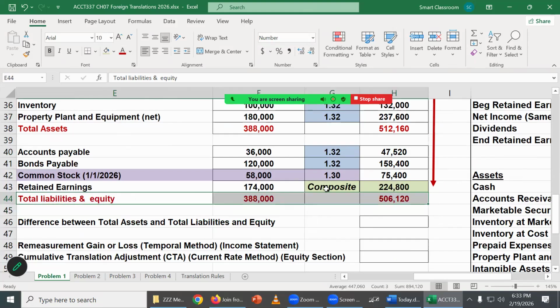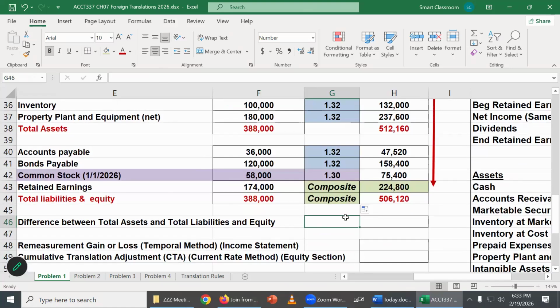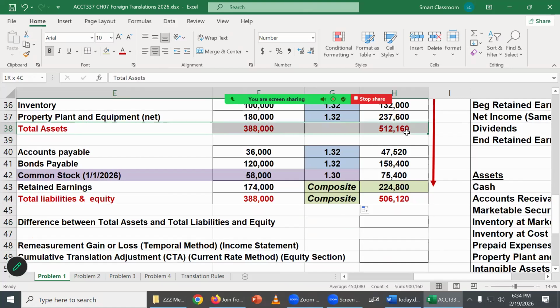And immediately, what strikes you as odd about this? Or a problem, possibly? Yeah, balance sheet is supposed to balance, and this one does not, because we did these translations.